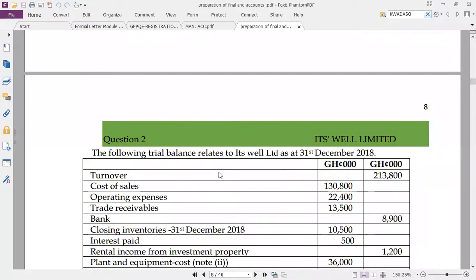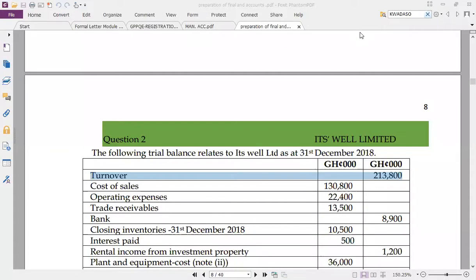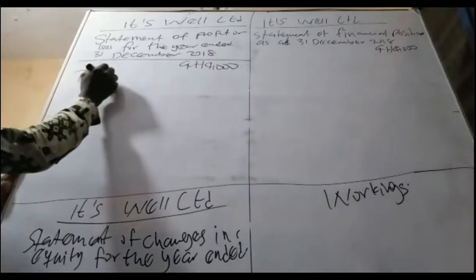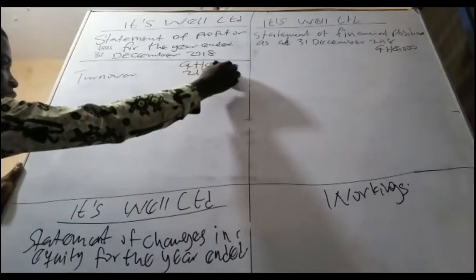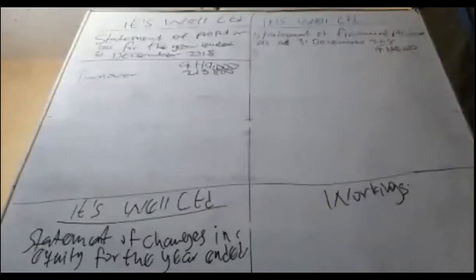So I record the turnover and put it there. Turnover 213,800. That's the sales. So sales, net sales, revenue, sales revenue, turnover, they mean the same thing. Well, that's what we are looking for first.